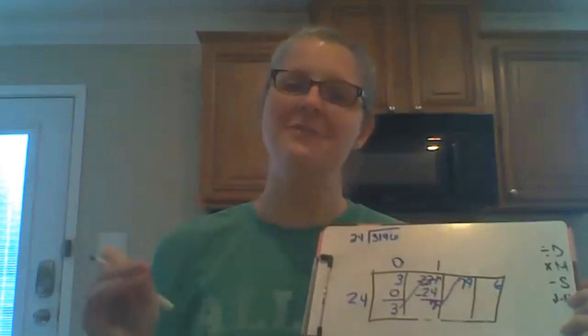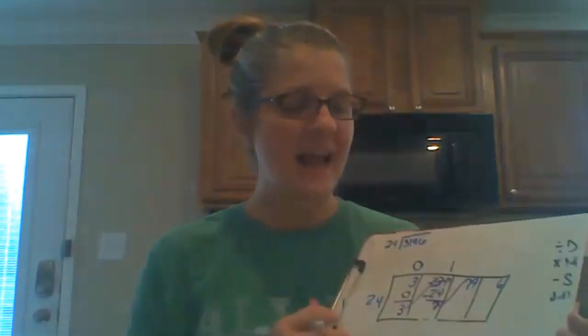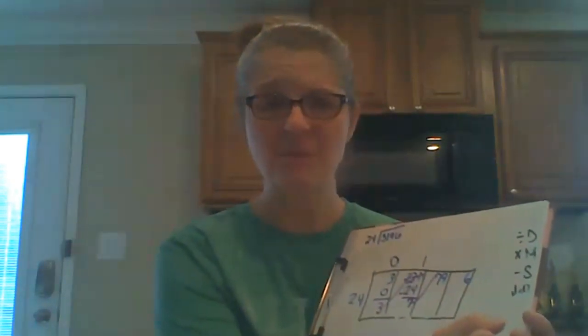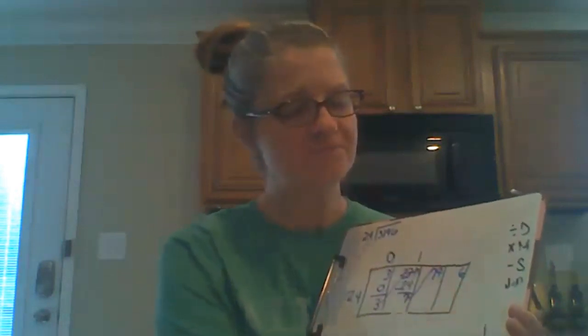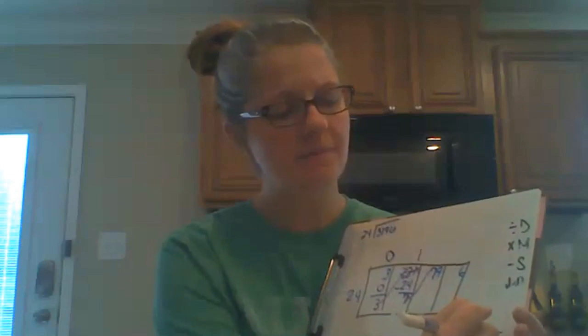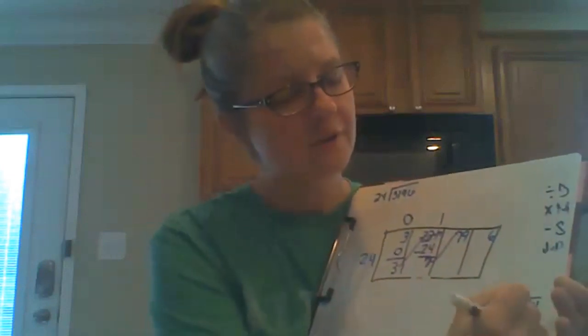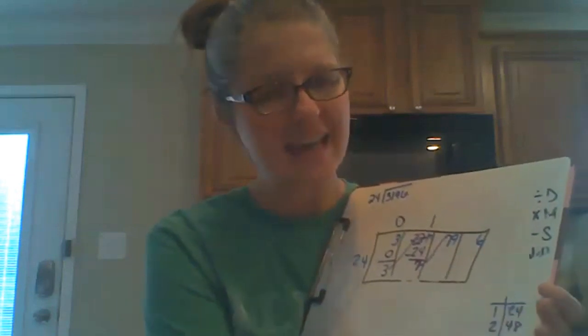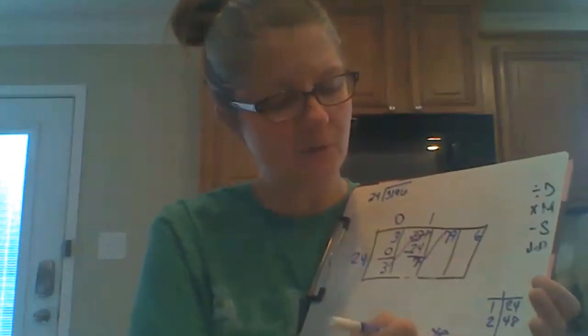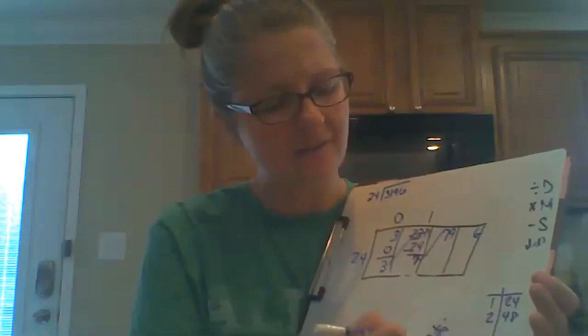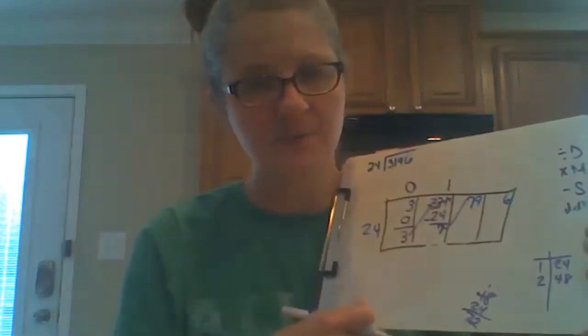So when I'm doing 2-digit numbers like this, sometimes to the side, if I'm not sure what it's going to be, I'll create a T-chart. So I know that 1 times 24 is 24. 2 times 24 I know is 48. After that, I'm going to have to do a little bit of work. It's okay if you have to do some repeated addition or some multiplication.